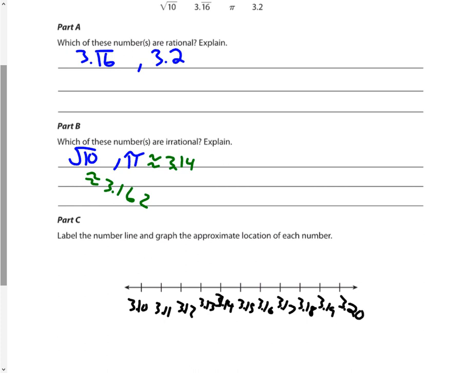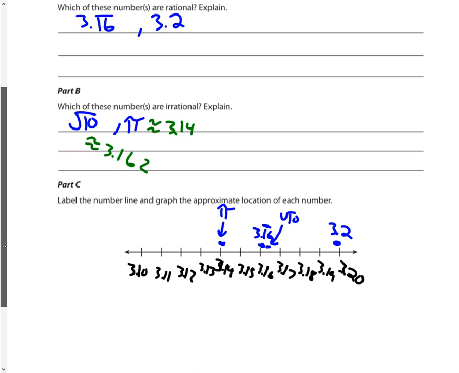That'll give me an easier route for writing these out. So 3.16 repeating, it's going to be just a hair over 3.16. 3.2, that one's an easy one, right on 3.2. Square root of 10 is 3.162, so just a hair above that. So I'm going to say square root of 10. And then 3.14, which is pi, just over 3.14, so that would be pi.